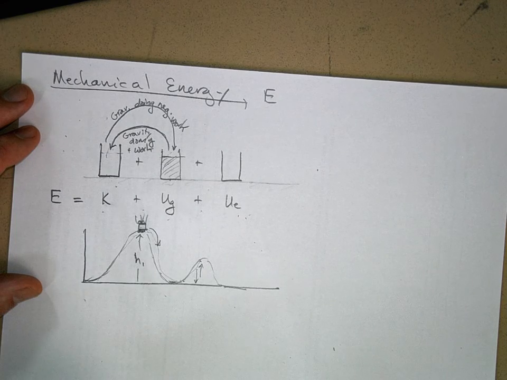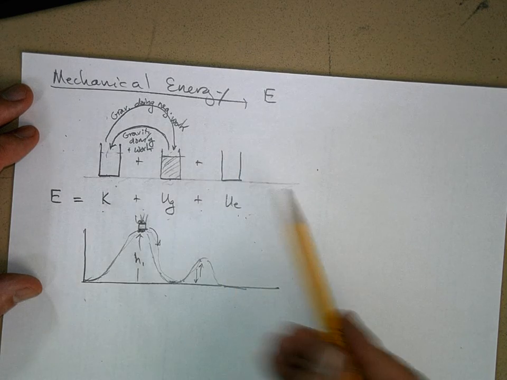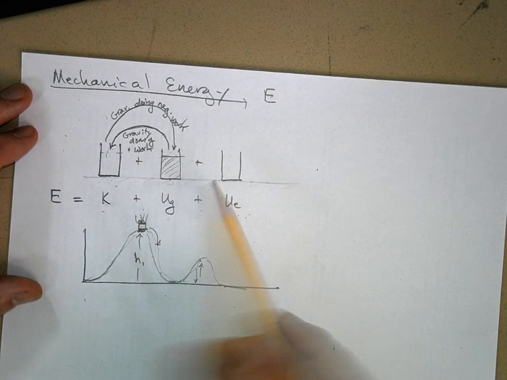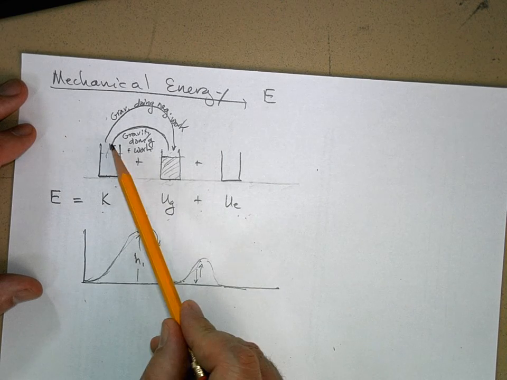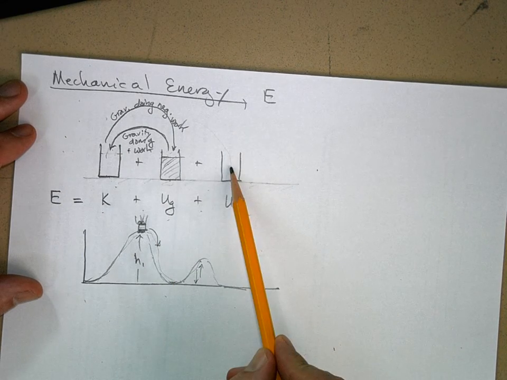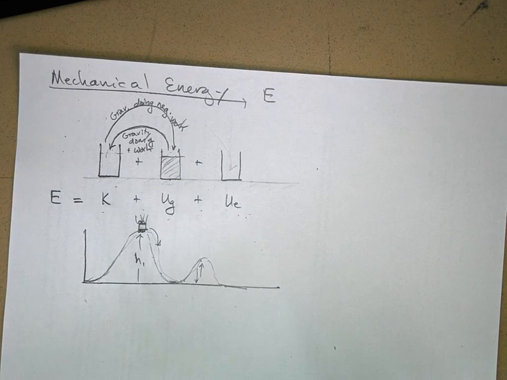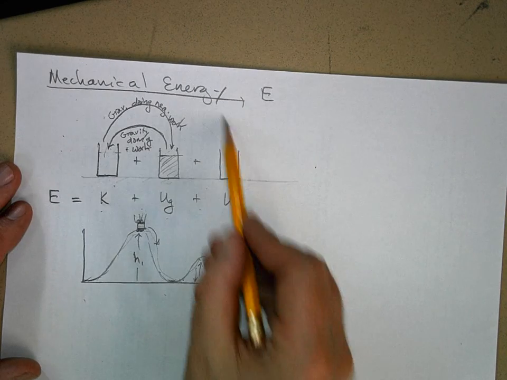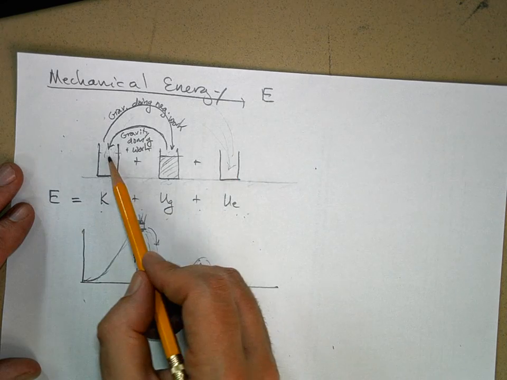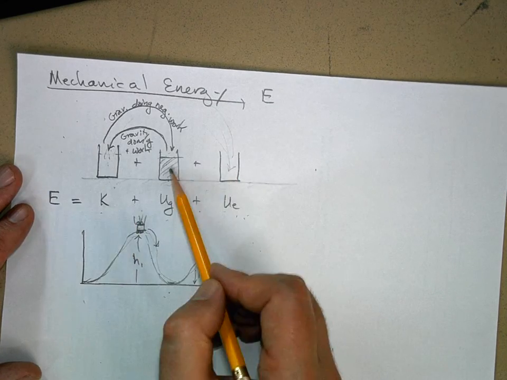Now you can also have a problem where if you hit a spring, you lose kinetic energy and you gain elastic potential energy, or when the spring comes uncompressed, it does positive work and turns that elastic energy into kinetic energy or even into gravitational potential energy.